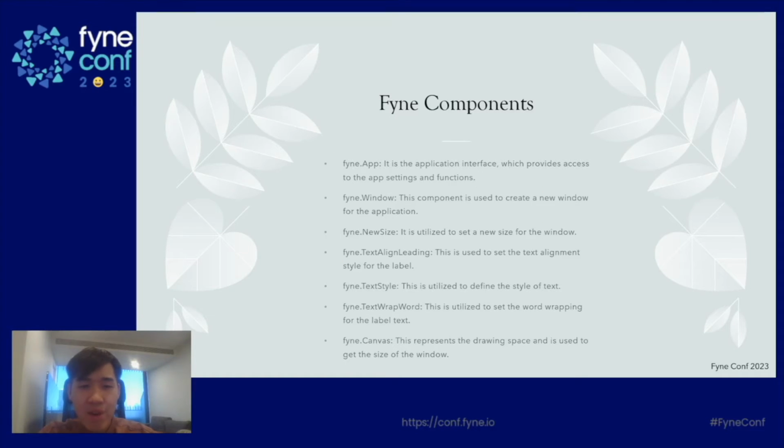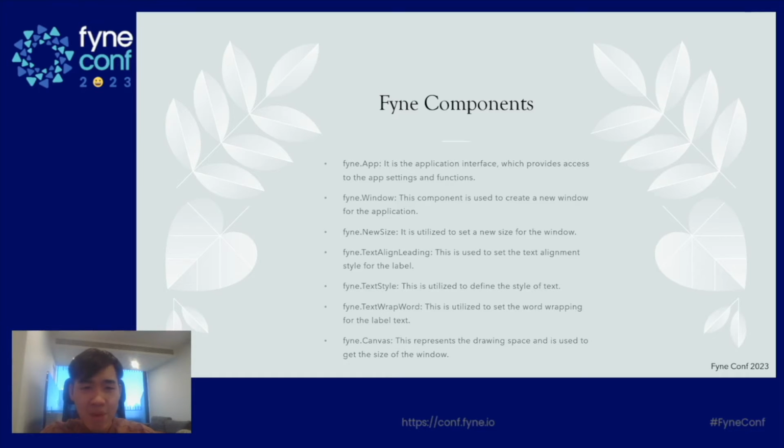And here is just a mention of the kind of components that I used. I also attached definitions to them as well, and if you're used to developing in Fyne already, these probably aren't a stranger to you. These are pretty standard ones.